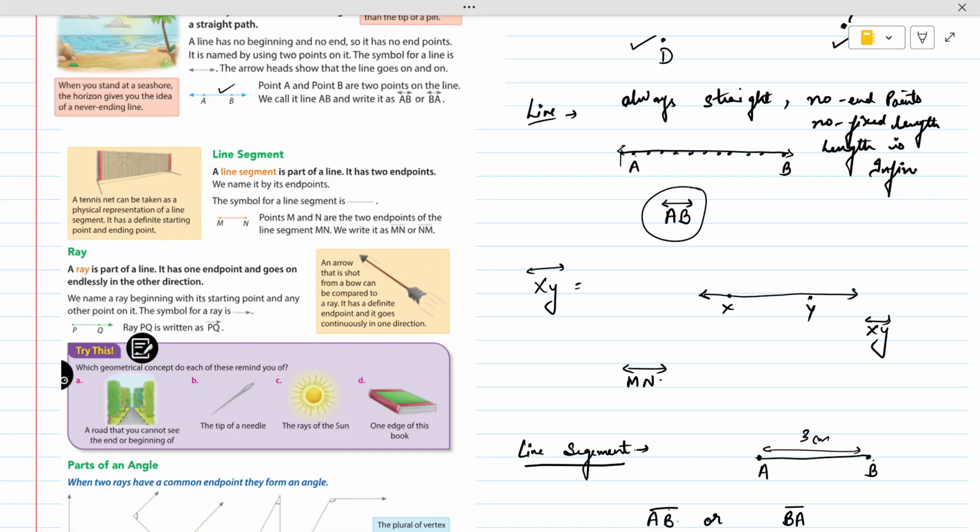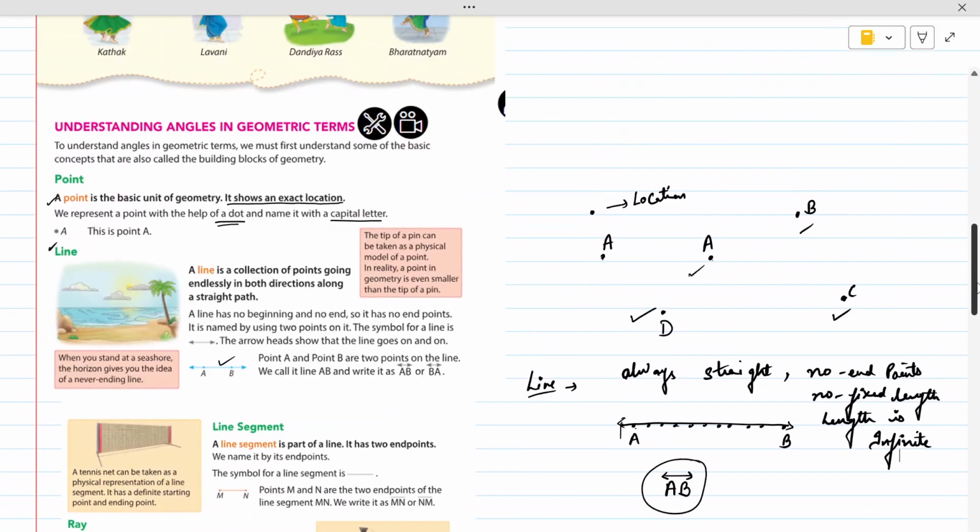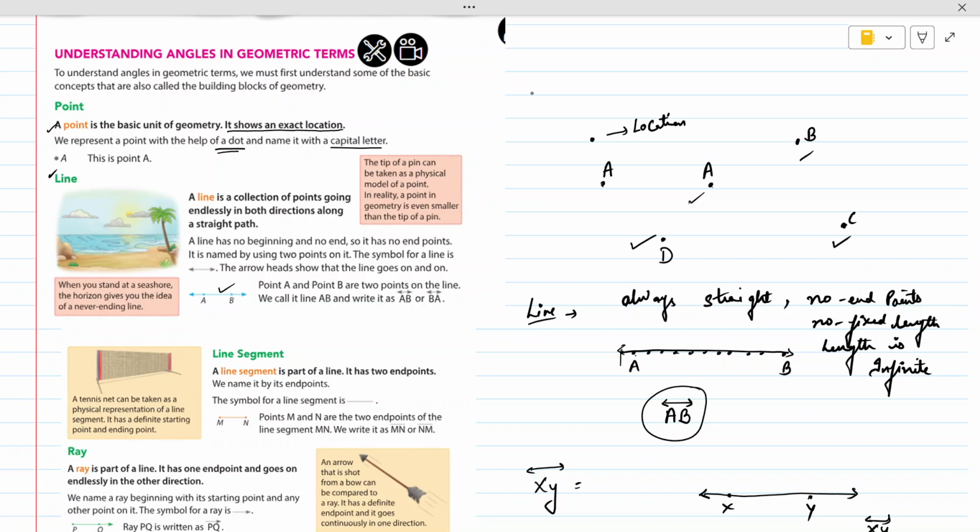So kids, I hope you have understood these. Let me reiterate what I have told you. First of all, we have understood what a point is. A point is the smallest thing used in geometry, which is used to locate anything. It tells us the exact location of anything. It is represented by a dot and it is named by any capital letter.